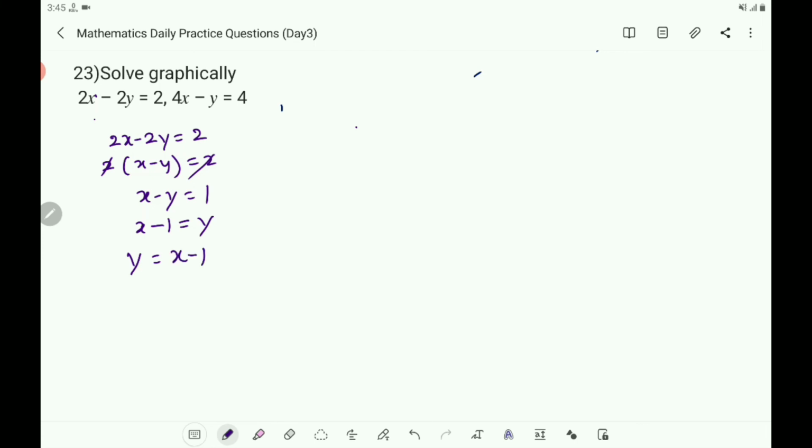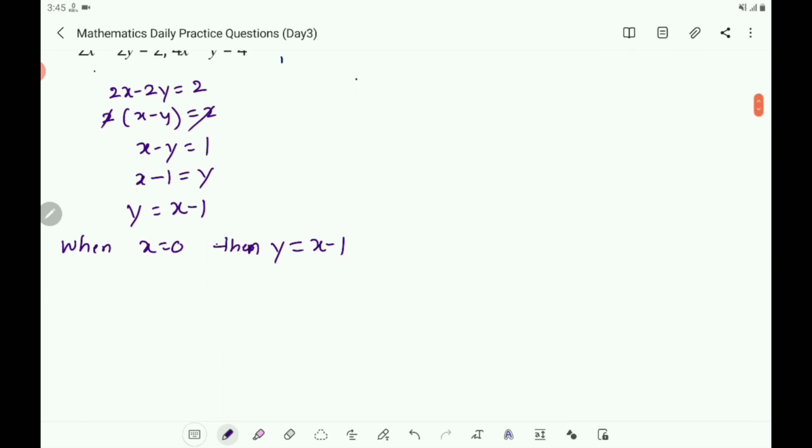Here you take 2 or 3 values for x, they are the convenient values, and get the corresponding values for y. So when x equals 0, y equals x minus 1, means x we have taken 0.